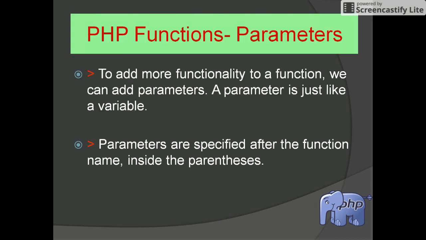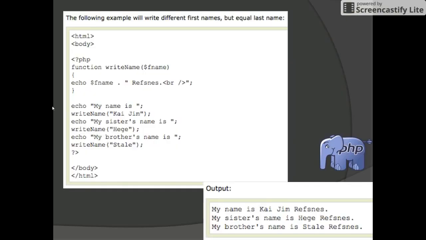Then there come parameters, which are part of the function. Parameters are like variables, but their scope is within the function. They do not work outside that function. Values get changed. For example, in this function writeName, $fname is the parameter, which has scope within this function only.